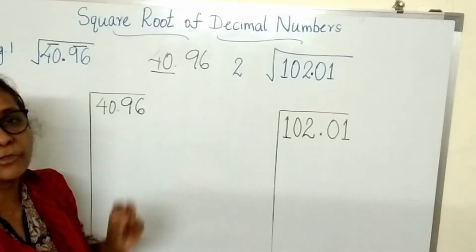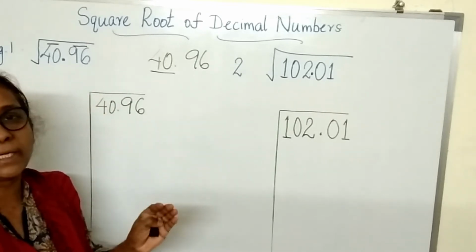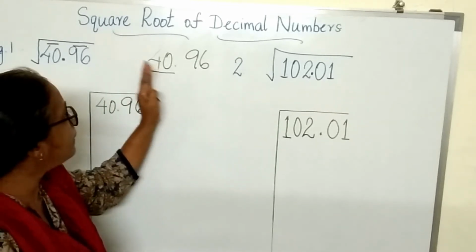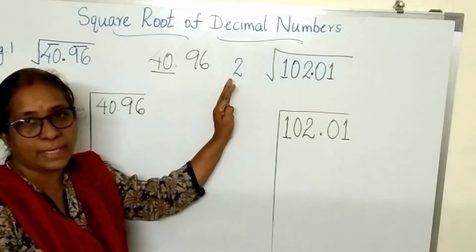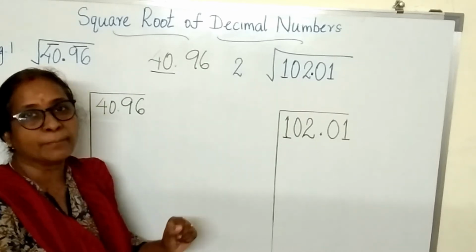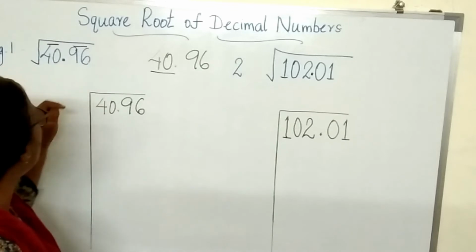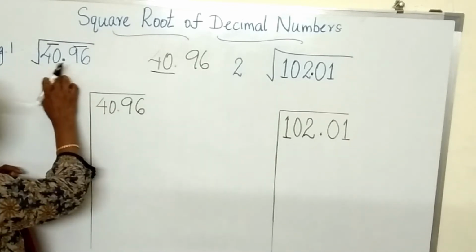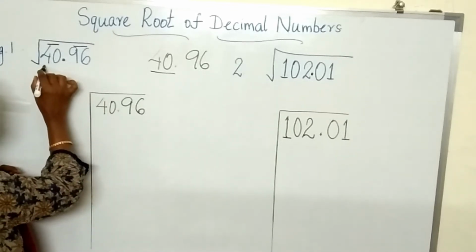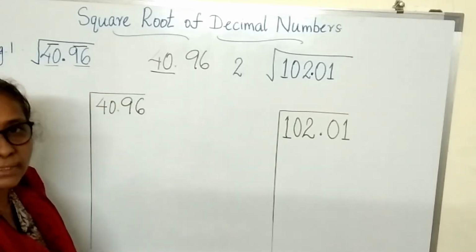Now, whenever you have to find the square root of decimal numbers, you have to divide these two parts, integer part as well as the fractional part, into groups, just like we did for whole numbers or natural numbers. So let us see here. Here in 40.96 we have a pair of numbers and here also we have a pair of numbers.